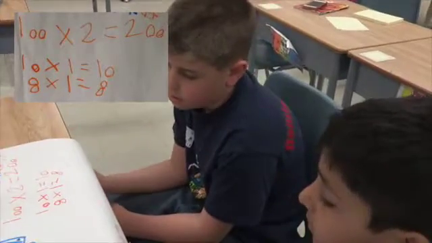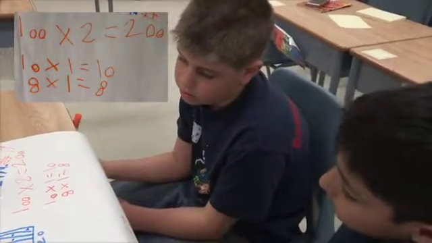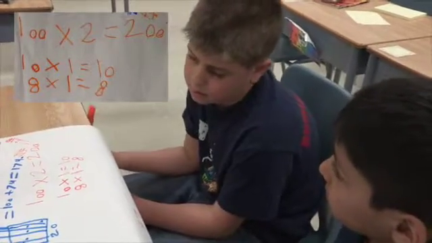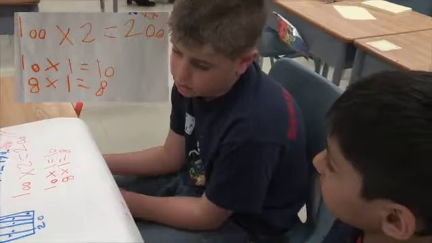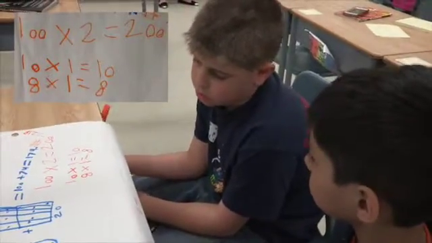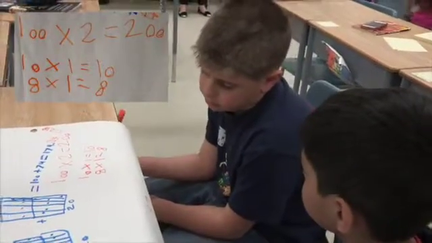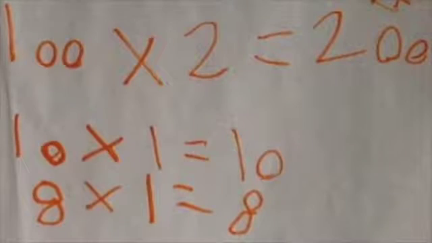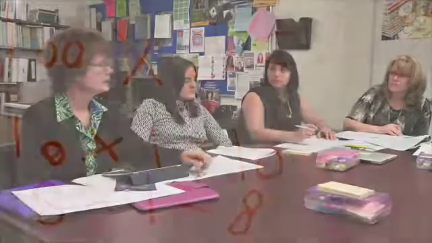Because when I got to 100, it did take me to 10 boxes, and then I knew that another 100 would be another 10 boxes, and then the 10 brought me another box, and then the 8 didn't bring me a box. He did his facts, but he knew he needed 21 boxes with 8 left over. And then what is our role? How do we get them over the hump? What kinds of questions do we ask? What kinds of tasks will help move kids along?